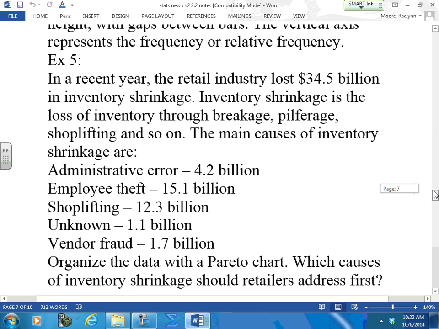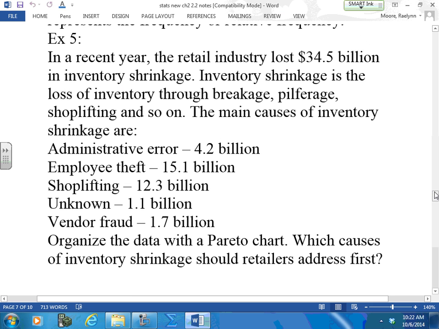So if you take a look at their example, in a recent year, the retail industry lost $34.5 billion in inventory shrinkage. And inventory shrinkage is the loss of inventory through breakage, pilferage, shoplifting, and so on. Here are the major causes of inventory shrinkage. Administrative error was accountable for $4.2 billion.